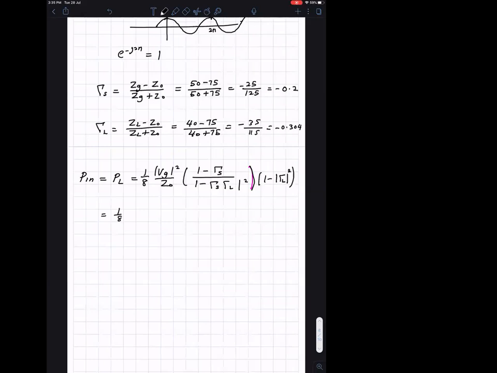One over 8 Vg squared over Z naught. Z naught is 75.